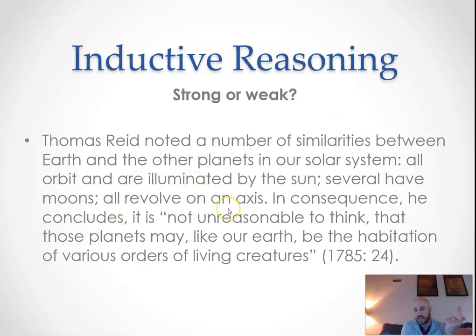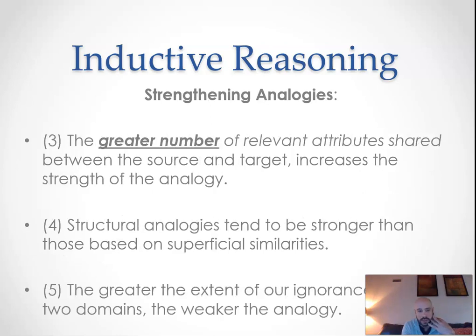All revolve on an axis, that's two, but then only several have moons, so that's three. And clearly the neutral analogy is to have life, so that's what we're wondering about. But this doesn't have that many attributes being compared between Earth and other planets, and they don't seem crucial or super relevant to having life.